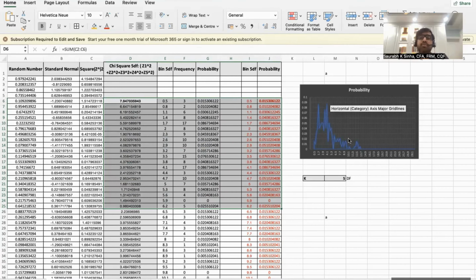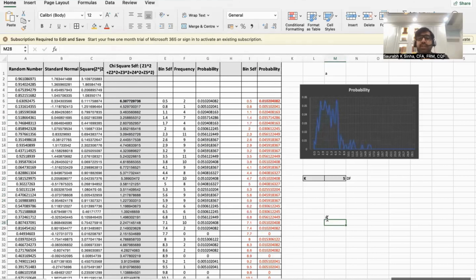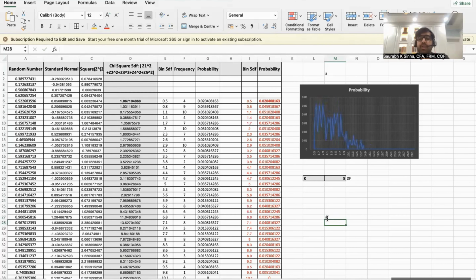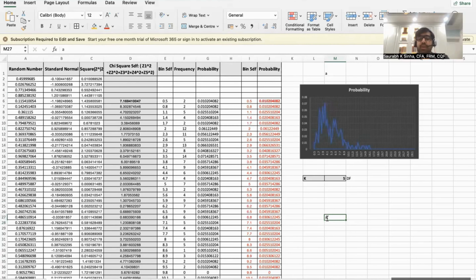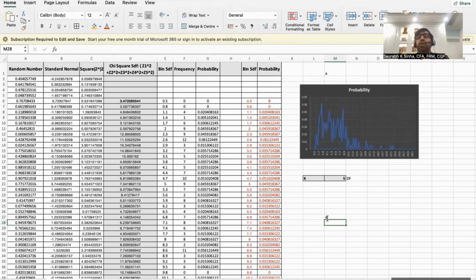This is not perfectly giving you the shape of a chi-square distribution, but if you keep on changing the number and keep on taking the average of those probabilities, on an average it will approach the chi-square distribution, which is pegged at 0 in the left-hand direction and goes up to infinity.